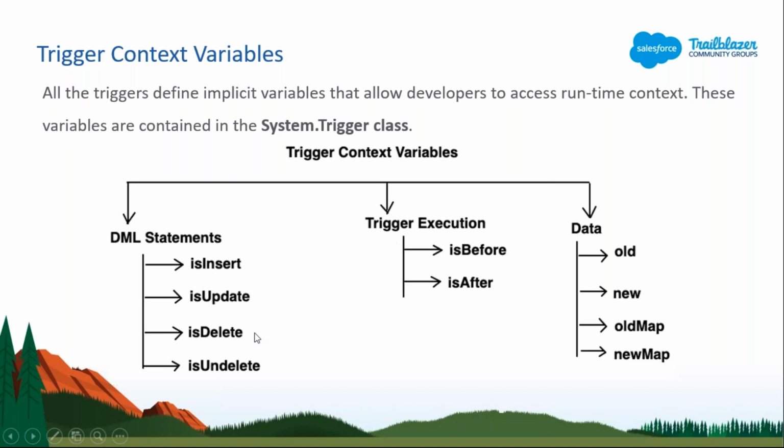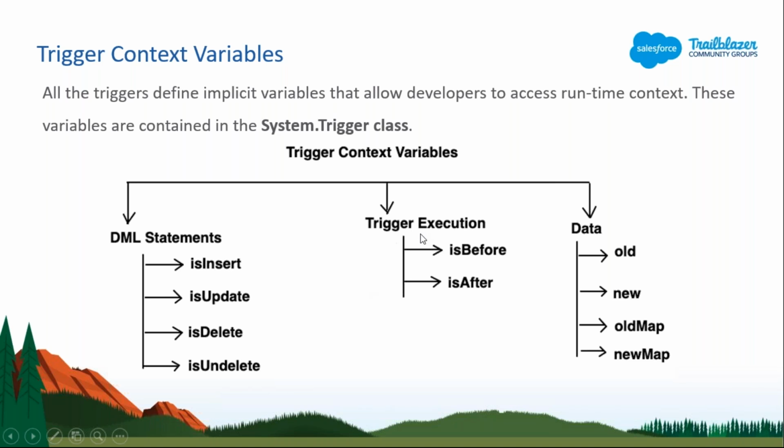In that scenario, the update trigger will be fired on the first master record and the delete trigger will be fired on the other record. So these four types of events are available: insert, update, delete, and undelete.